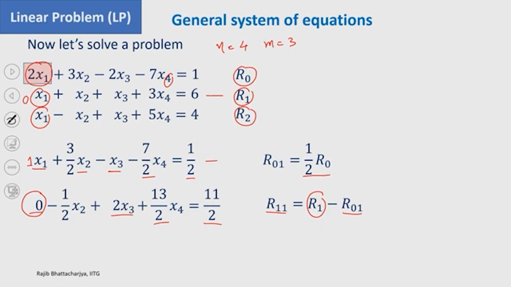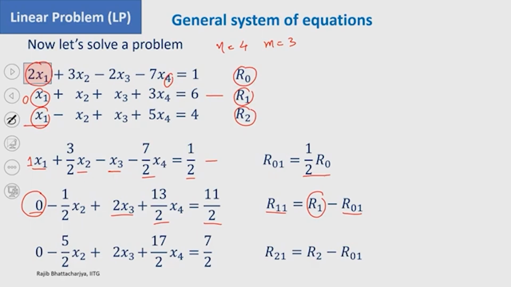Similarly, I would like to eliminate this x 1 variable from equation 3. So, what will I do? In this case I do the row operation R 2 minus R 0 1. So, what am I getting?